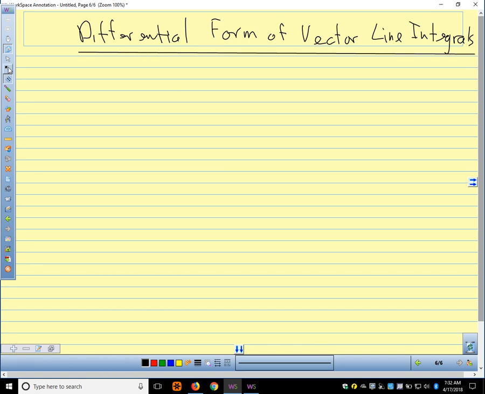One reason that we're going to talk about the differential form is that the vector line integral expressed in differential form is going to be related. We're going to use that to make our relationships that I was talking about earlier with some other things.